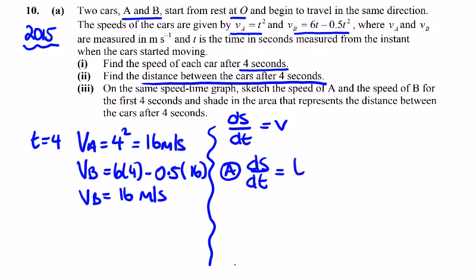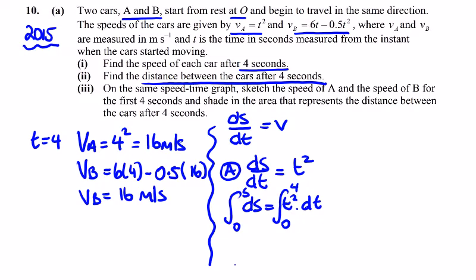is equal to t squared. So ds is equal to t squared dt. If we integrate these, it's after 4 seconds, so between 0 and 4 for time, and we'll find s.